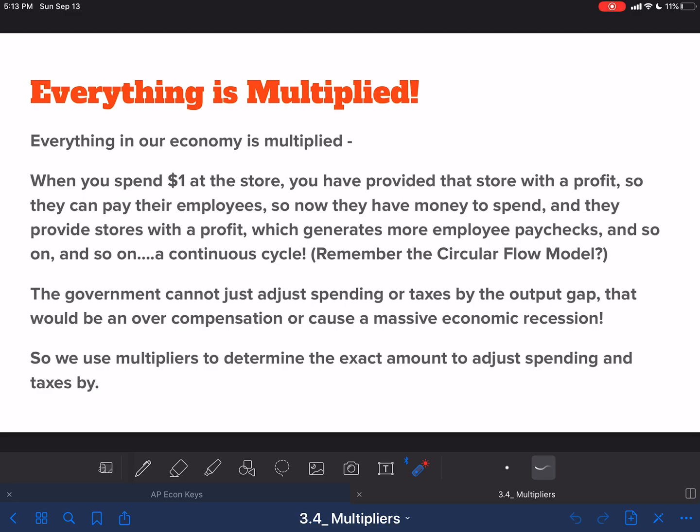So you would actually need to spend less than the gap. Same thing for taxes. We can't just change taxes by the output gap. It doesn't work like that. We need to understand everything's multiplied. So we need to use our multipliers to determine the exact amount to adjust spending and taxes by.